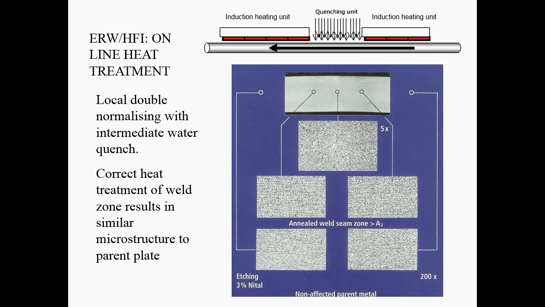So what you do is you heat the system and then spray water on to quench it, and then heat it again and allow it to cool in air normally. So we call that local double normalising with an intermediate water quench. Normalising is the process of annealing that the steelmakers use, and it's normally what's supplied to you, hence the name normalising.